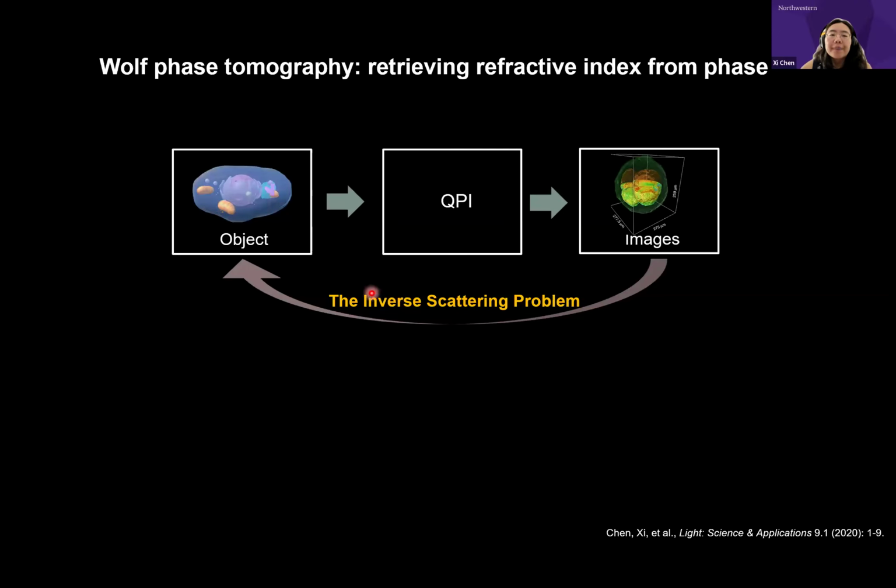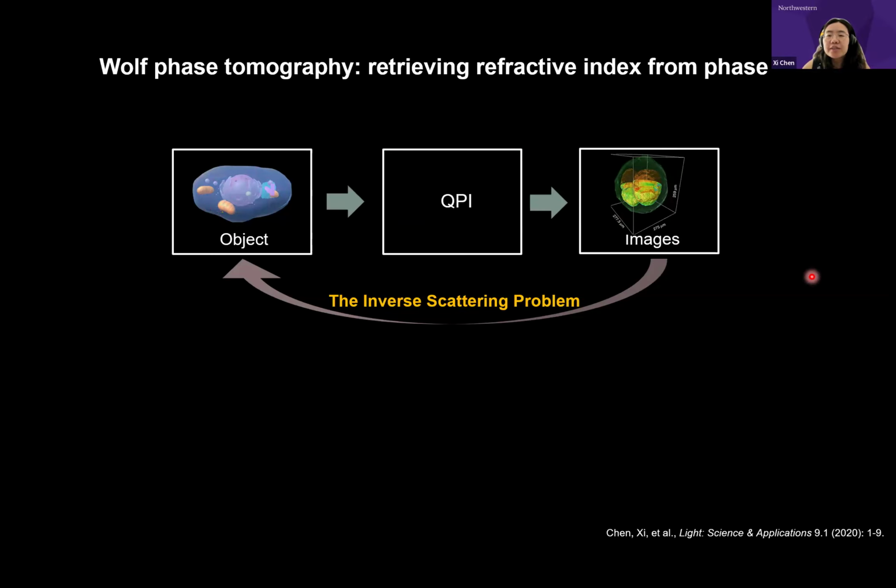So when we use QPI to image any object, what we get is a bunch of images, and you can think of those images as a distorted version of the object. The end goal for all imaging systems is to get the best estimate of what the object is.